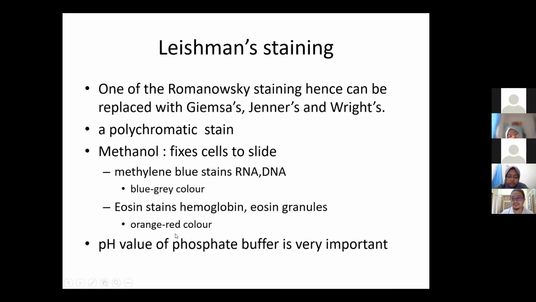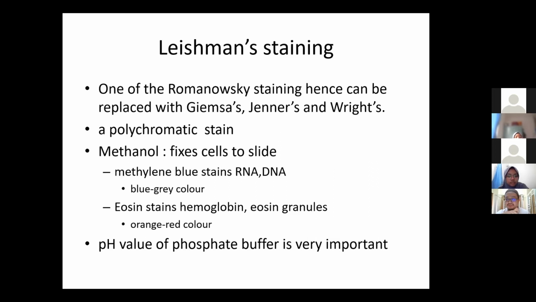So ini teori lah. In reality, when we look underneath the microscope, mungkin the shade of colors is slightly different, yeah. Not very orange-red, it's more bluish lah, semua itu. So we really need to see underneath the microscope and know which one is normal and which is not normal.